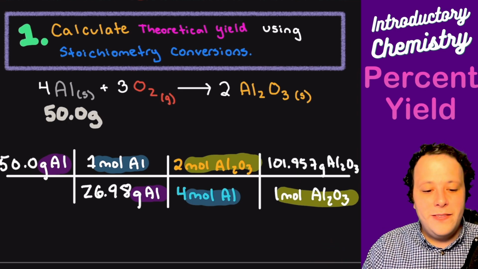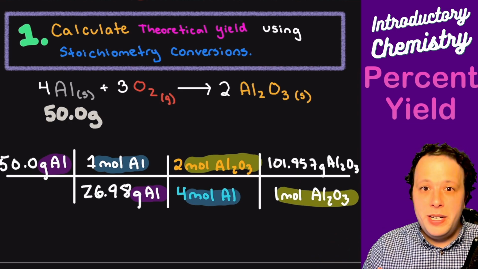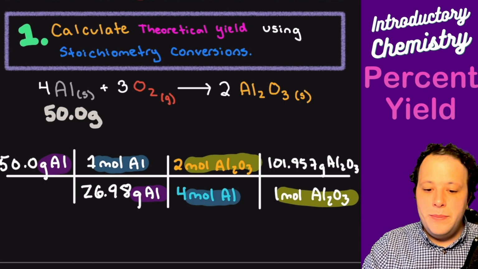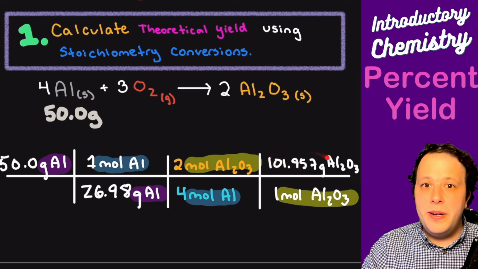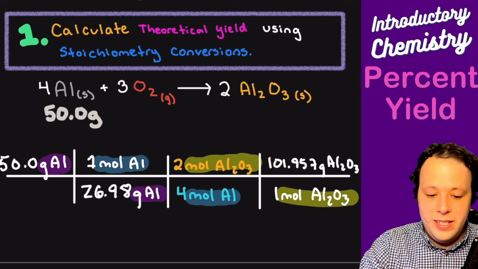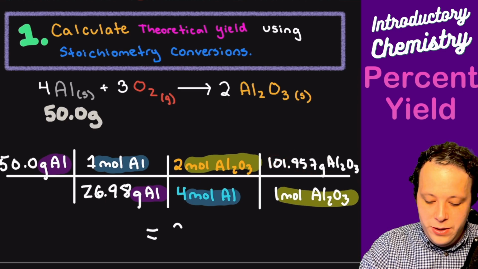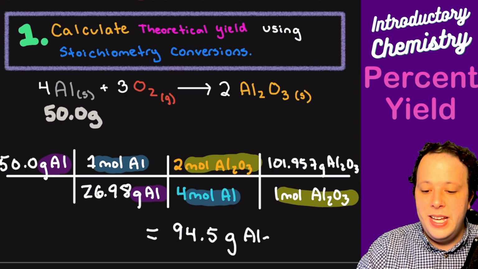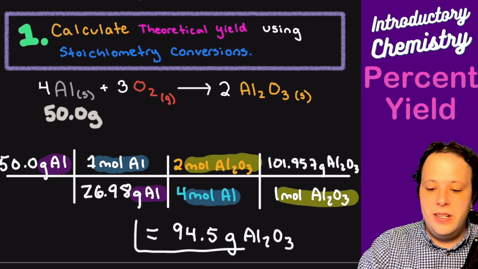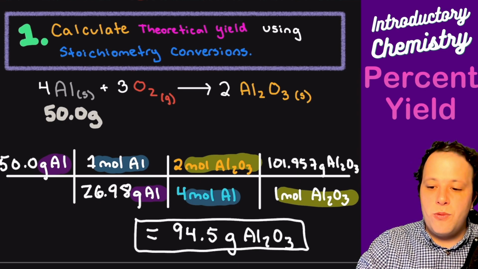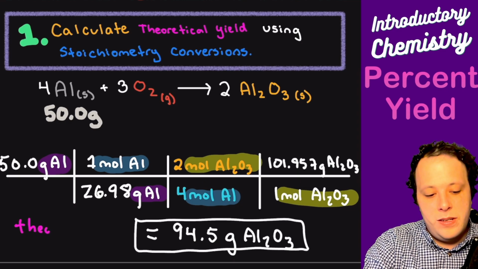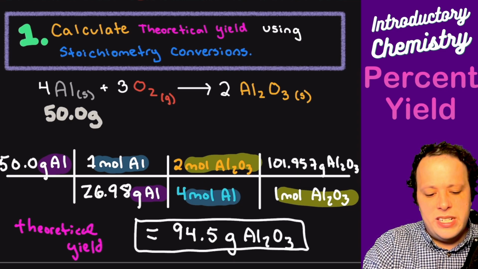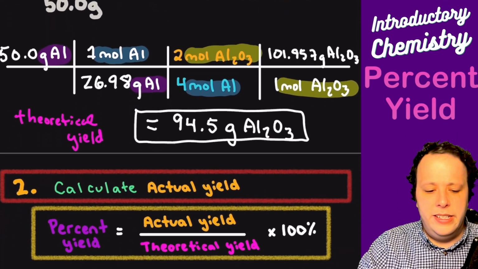So when we solve this, we'll take 50, divide it by 26.98, times by 2, divide by 4, then multiply by 101.97. And what we will get for a theoretical yield is about 94.5 grams of Al2O3. So this is our theoretical yield here, which is what we've been doing all along when it comes to stoichiometry. It's nothing new. We're just labeling it a little differently.